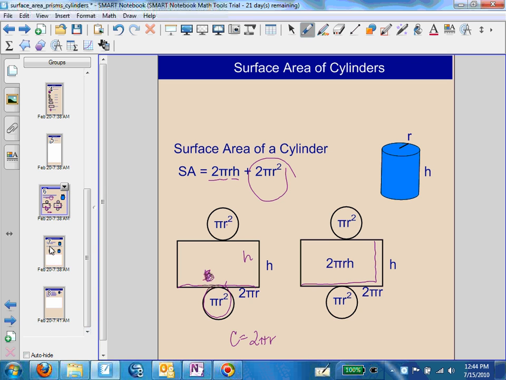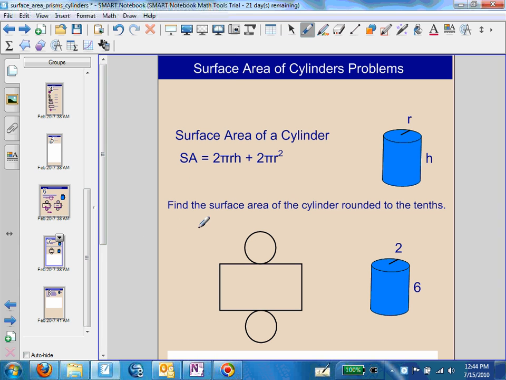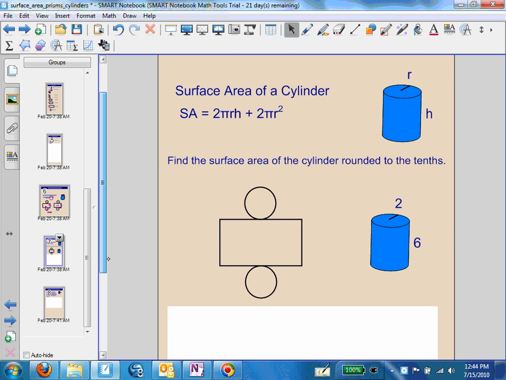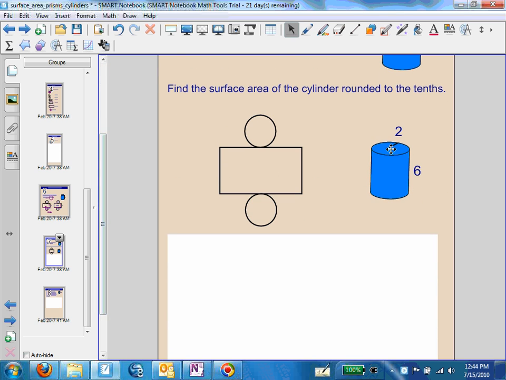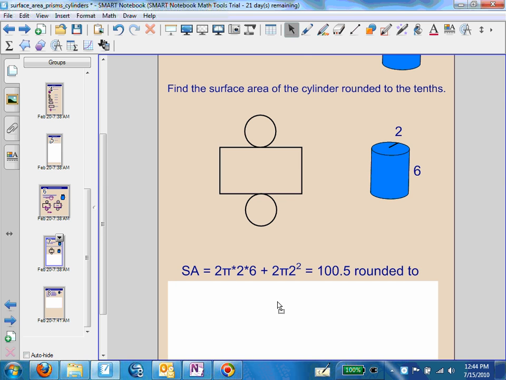And using it's actually really easy, because all you have to do is plug in numbers. So we're going to find the surface area of the cylinder rounded to the tenths. In this case, we know that we have a radius of 2 and we have a height of 6. So all we have to do is plug in 2 for radius and 6 for height in our formula and just type it straight into our calculator. Nothing tricky.